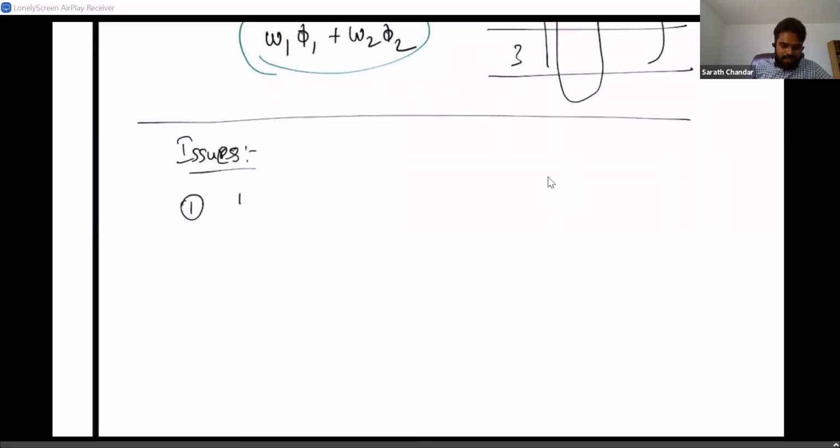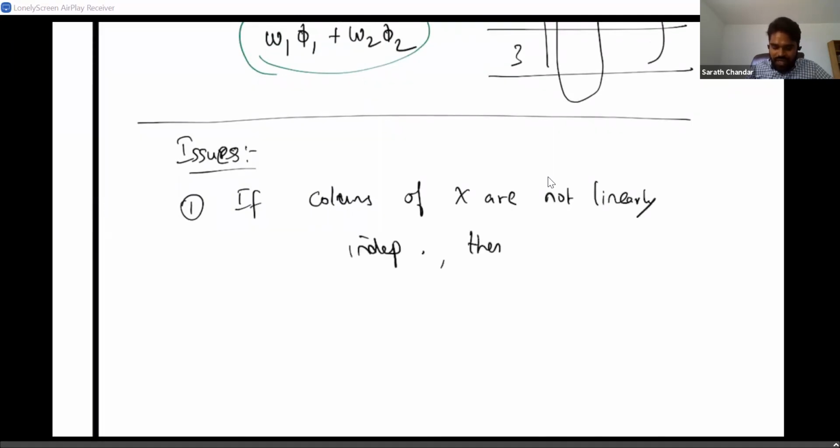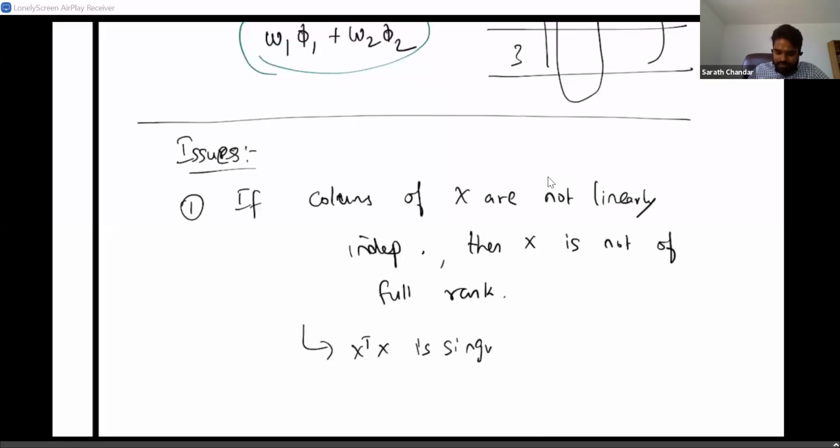The first issue is, if the columns of X are not linearly independent, then X is not of full rank, which means that X transpose X is singular, and hence W star is not uniquely defined. For example, let's say the second feature is exactly 3 times the first feature.